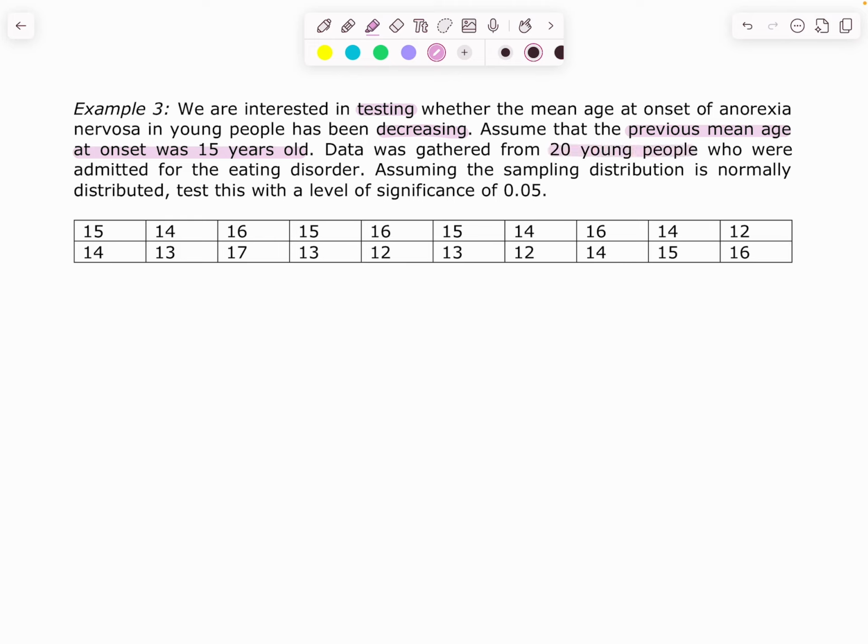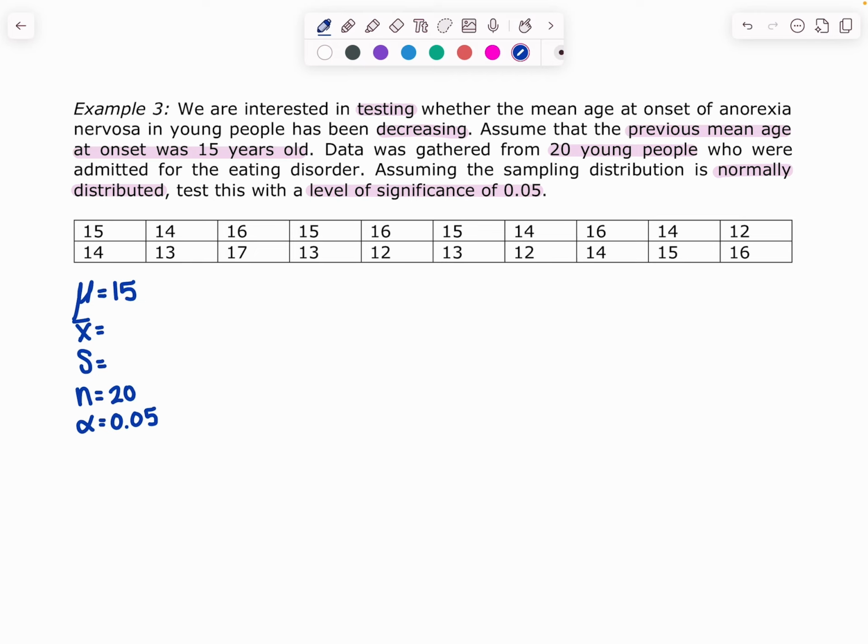We have a sample of 20 people, normally distributed, and a level of significance of 0.05. So if I write down off to the side here, mu, x bar, s, n, and alpha, mu is 15, n is 20, and alpha is 0.05.